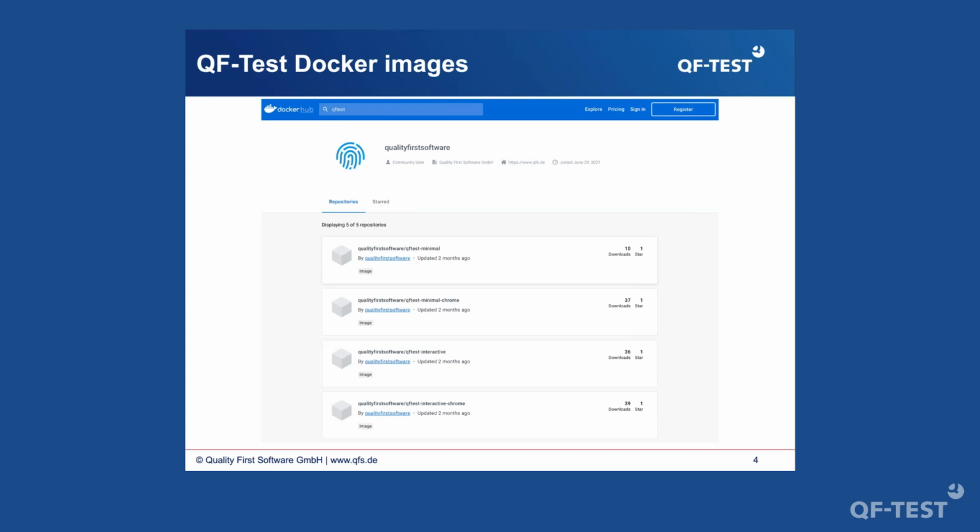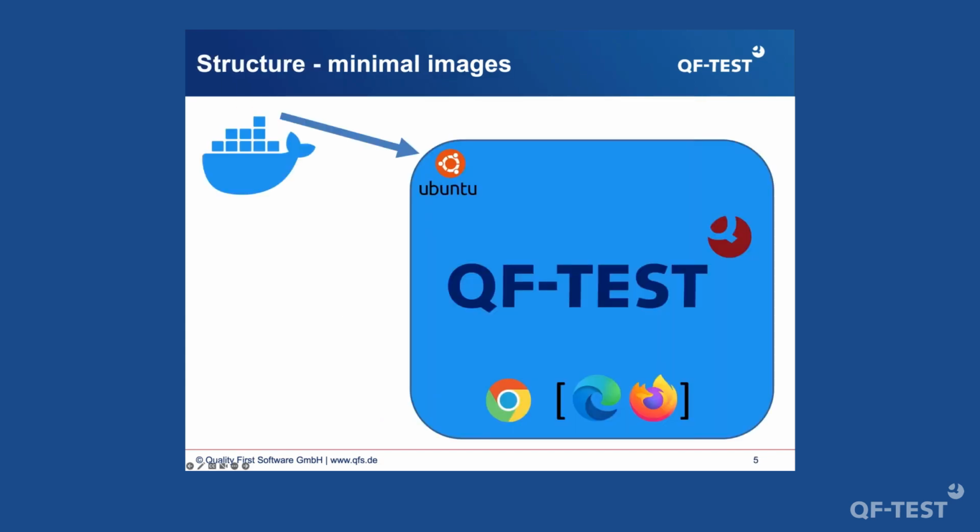And what is in this image? Let me just switch to the next one. Basically it's a Docker image based upon an Ubuntu base image, in this case Ubuntu 22 by now. And inside this minimal Ubuntu image, we are installing QF-test, and we also have a browser installed.